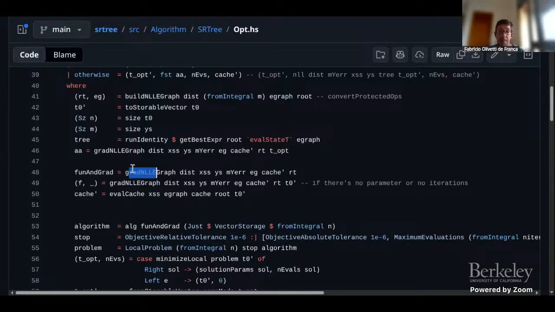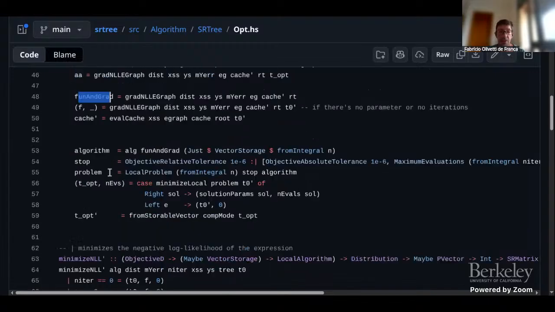And then I pass this function to this wrapper of the NLopt library, which has nonlinear optimization functions to optimize the function. This gradNLL e-graph is a function that takes the e-graph and can calculate the automatic differentiation of that to have the function values and the gradient, and then can be used by NLopt.